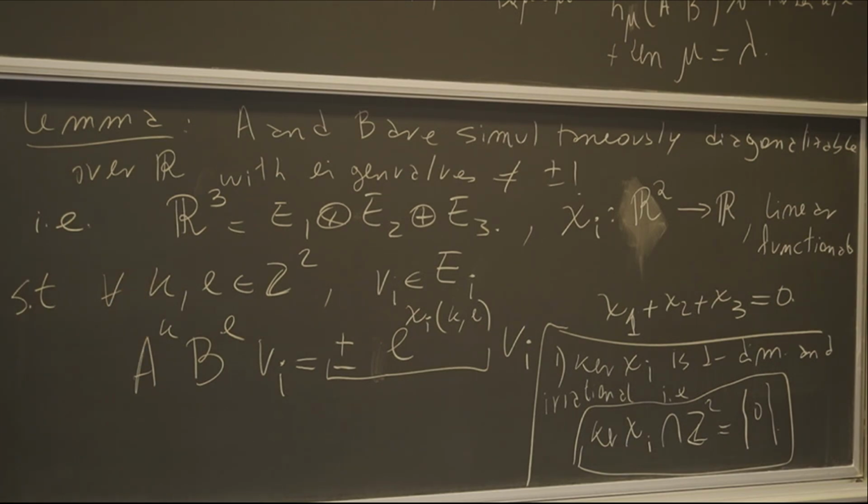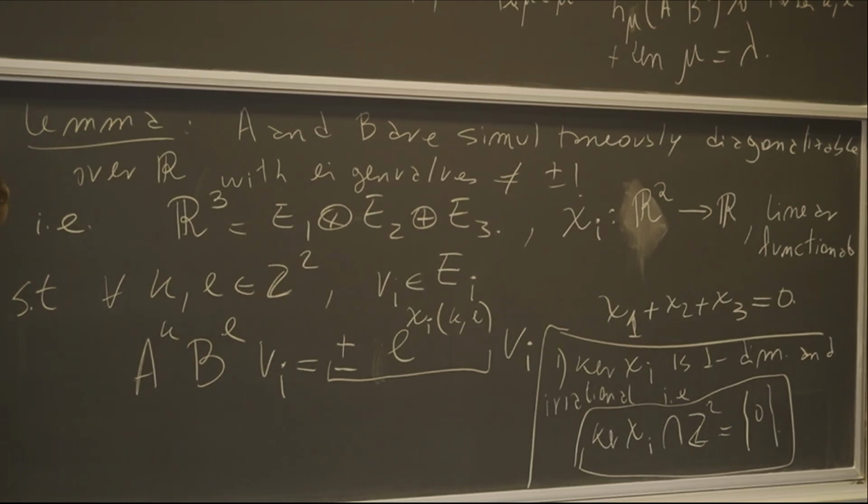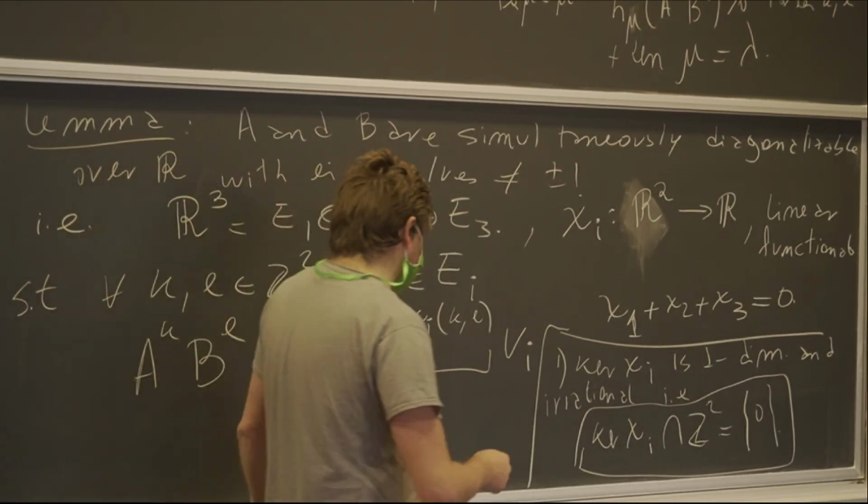So let me draw now the picture here. Yeah, I can do it here, down here. So actually the chi1, chi2, and chi3 are also different from each other. So these kernels are pairwise disjoint. Yeah, maybe I should say this as well.